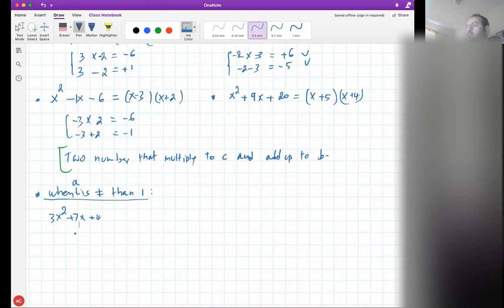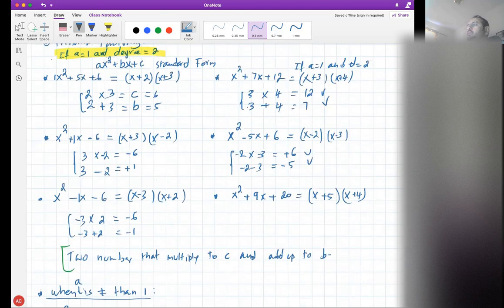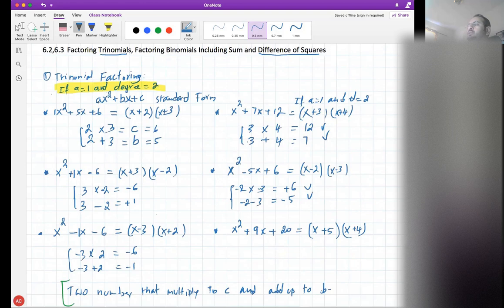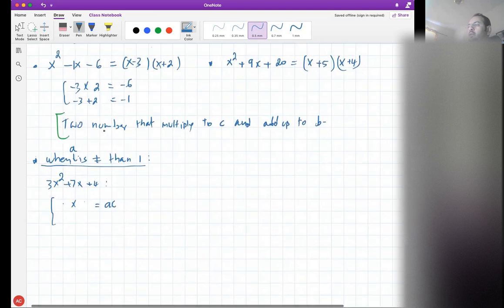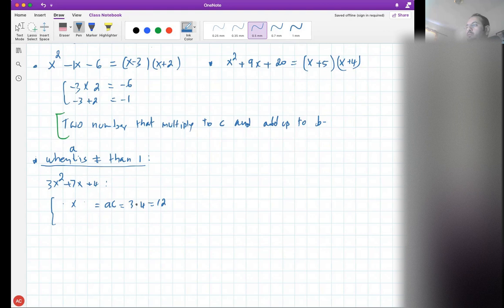So what we're going to do is find two numbers that multiply to not just C, but actually AC. Two numbers that multiply to AC. In this case, AC is 3 times 4, which is 12.